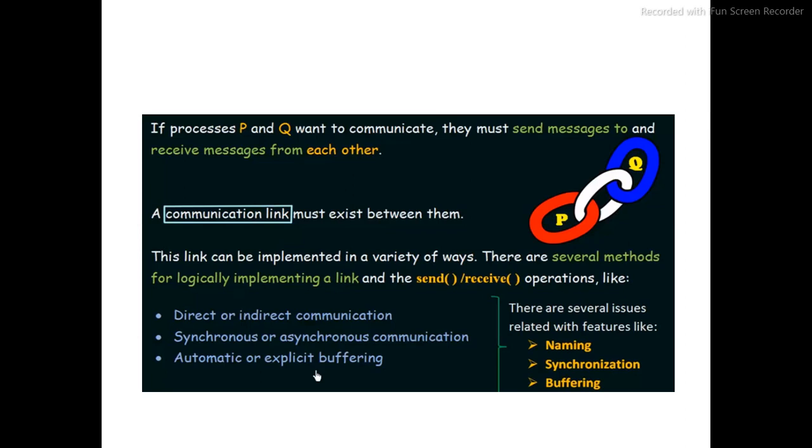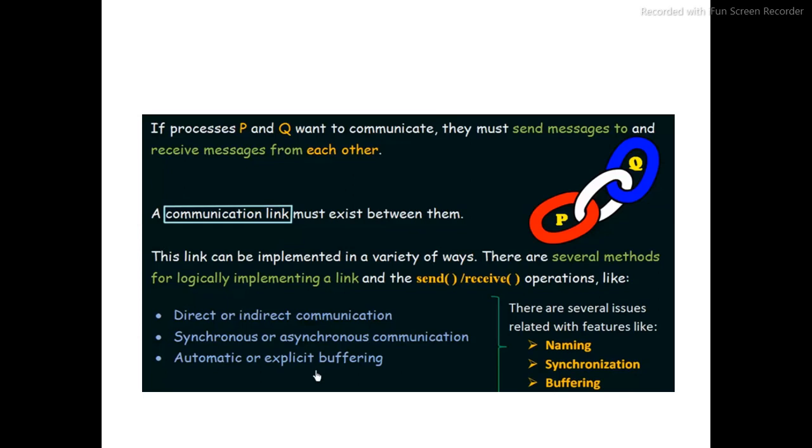If P and Q wish to communicate and send messages between each other, it is made possible by using a communication link. After making a communication link, they can exchange messages, that is, they can send and receive messages using the send and receive operations.